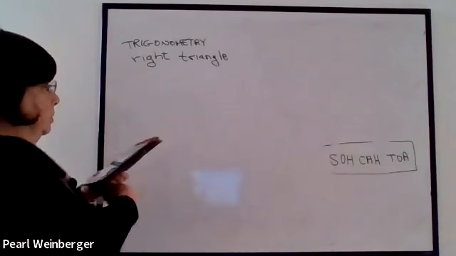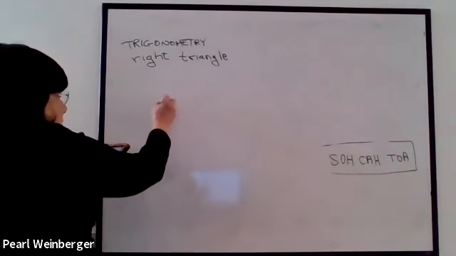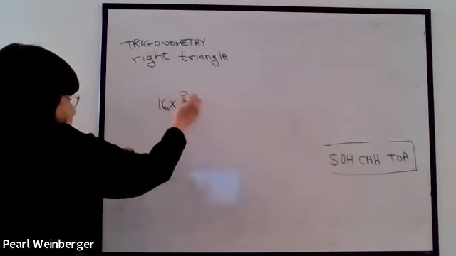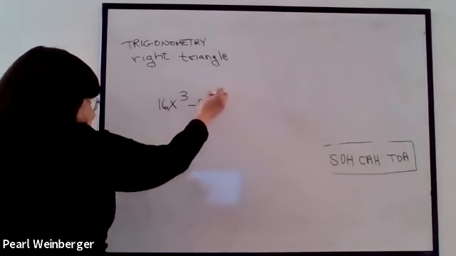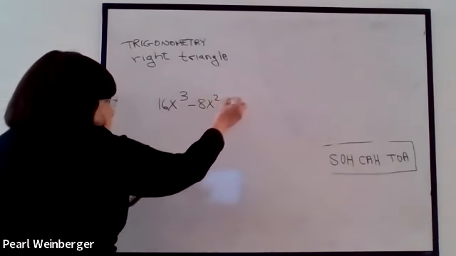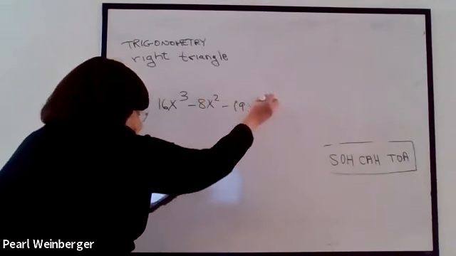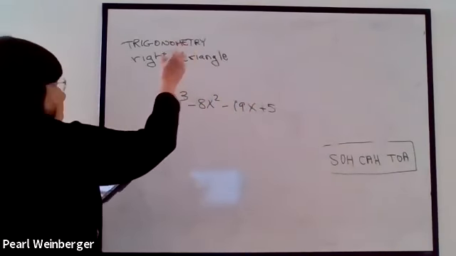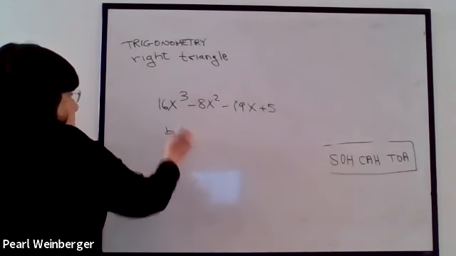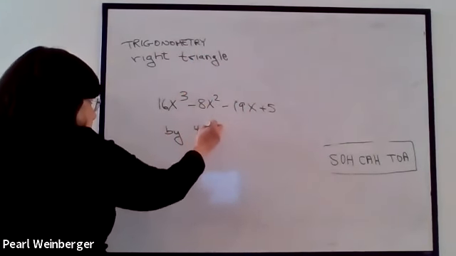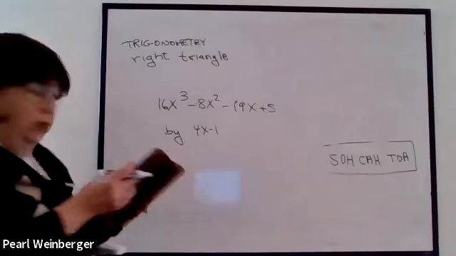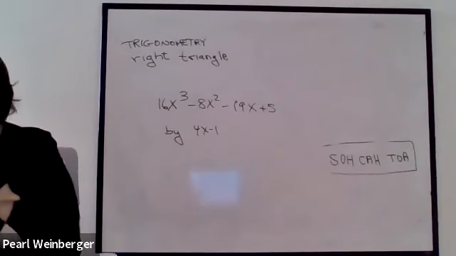The question was 16x cubed minus 8x squared minus 19x plus 5, and we're dividing that by 4x minus 1. That was the question, right? Yes, that was the question.